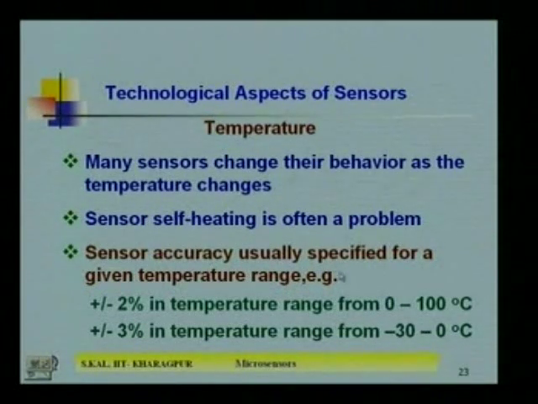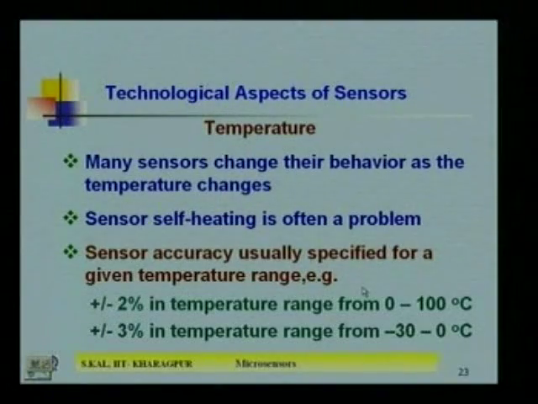Sensor accuracy is usually specified for a given temperature range. For example, for a 0 to 100 degree centigrade temperature range, there may be plus minus 2% variation. Similarly, for minus 30 to 0 degree, plus minus 3% variation is there. So, that is mentioned when a manufacturer is marketing a particular sensor, what is the temperature variation of those sensors.